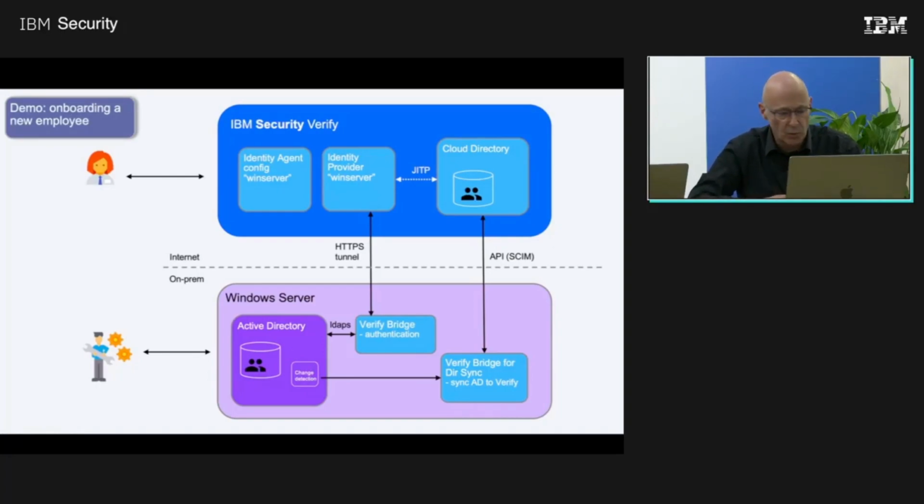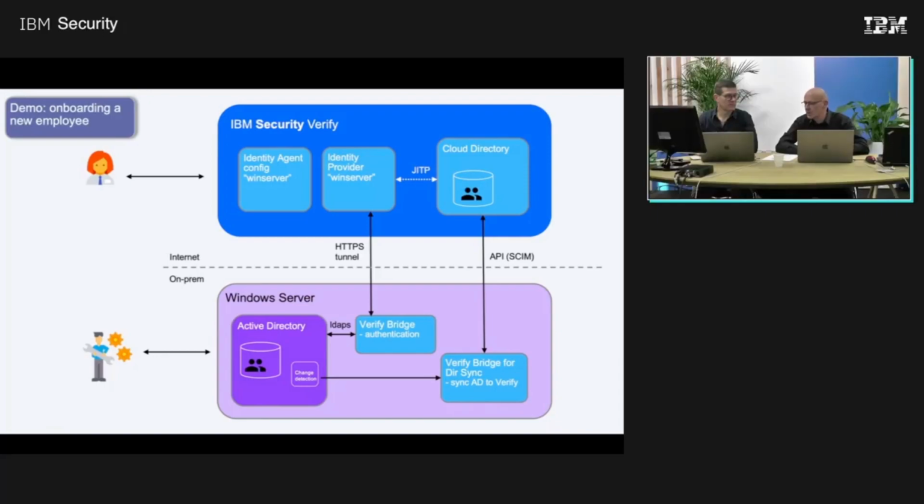That's a default or a typical Active Directory configuration. And every change is in fact reported to this software, and then this software will push that to the cloud directory. And that's it. That's what happened when I showed that when you change the department of the user over here in Active Directory, it will be propagated to the cloud directory.